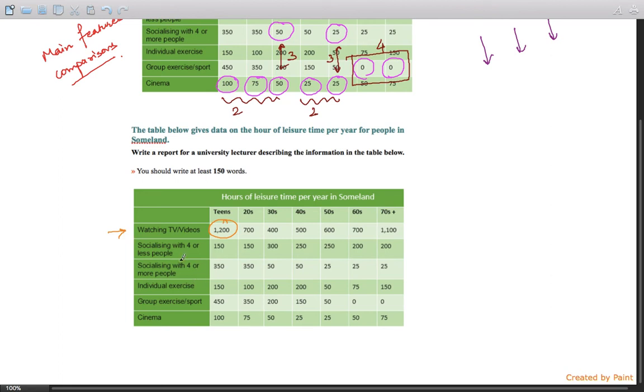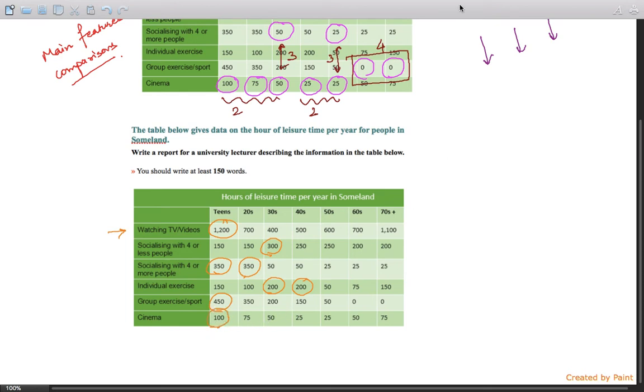Let's talk about the maximum first. Socializing with four or less number of people. So it's, I guess, the 30s group. The maximum over here is among teens and 20s. The maximum here is among 40s and 30s. Sports, again, teens, and cinema.